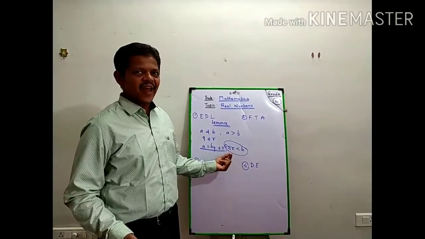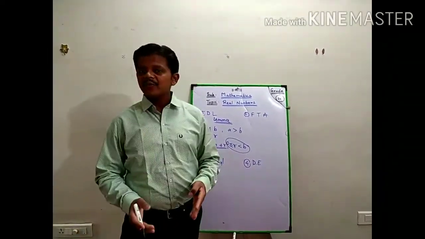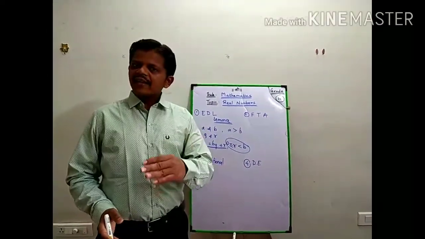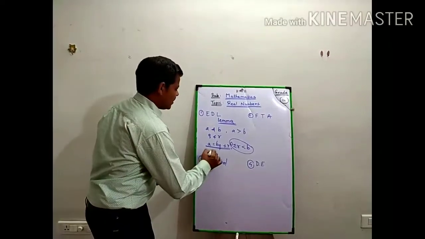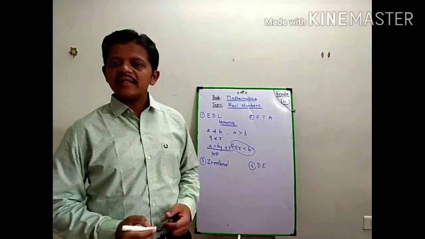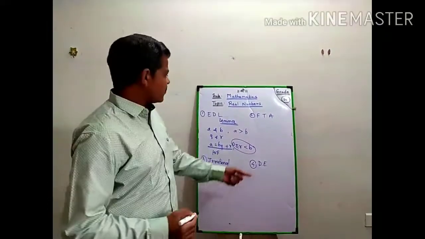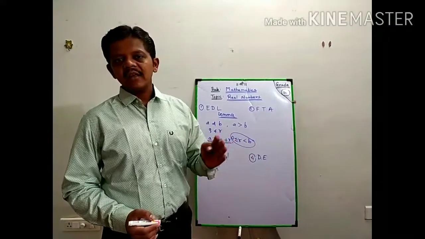Do we know this division fact? Yes, the same fact we are going to use now to find a few interesting things, and especially we'll be dealing with the HCFs of 2 integers, 3 integers, and so on. So that is the first part of the chapter, Euclid's division lemma.